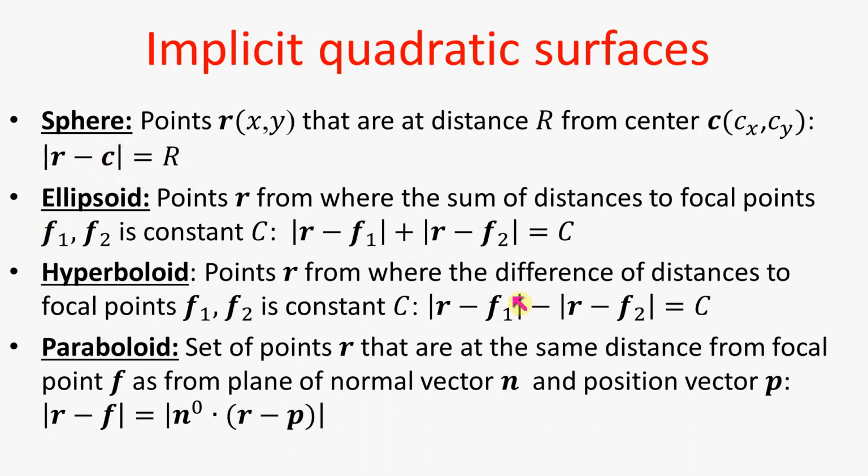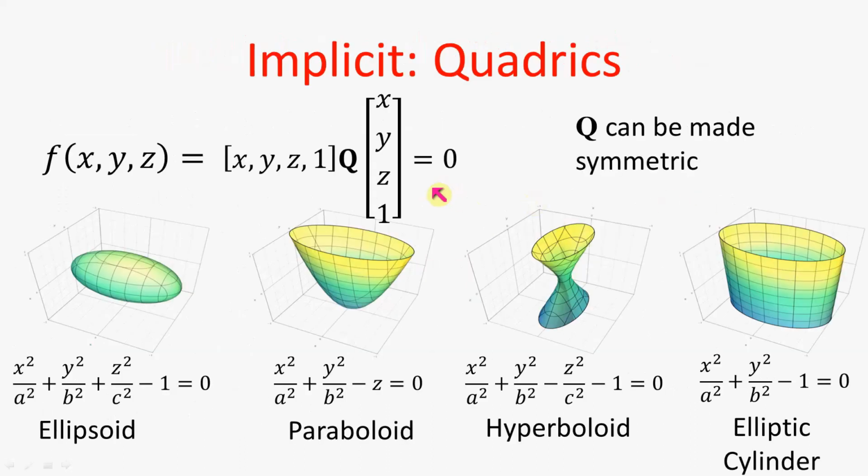Perhaps we should do it 2 times when there are 2 absolute values in the equation, but in the case of these examples, we always get a second-order equation, which means that all the mentioned examples can be expressed in a general form, the so-called quadratic form, when the x, y, z Cartesian coordinates are extended with a constant 1.